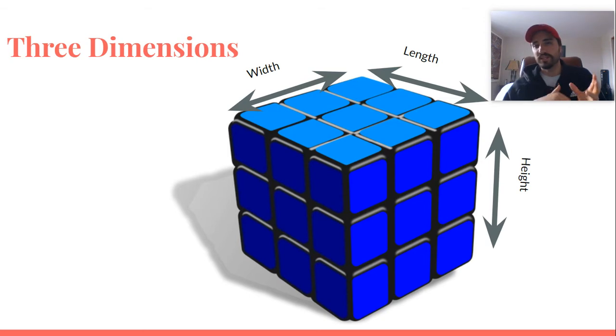You can rotate these all around. It doesn't really matter what you call what, but you have to have these three different dimensions. For example, if I wanted to talk about this line right here and say, oh, that's a fourth dimension. Nope, that's just the front to back. That's the length. And I already have length over here. This is not a fourth dimension. This is just the same thing that I have on this side.